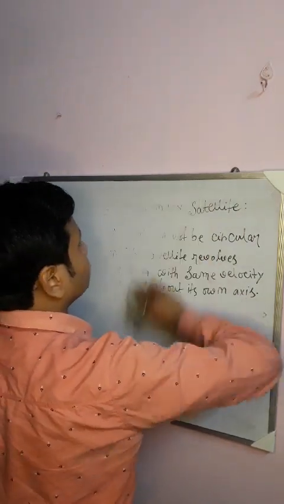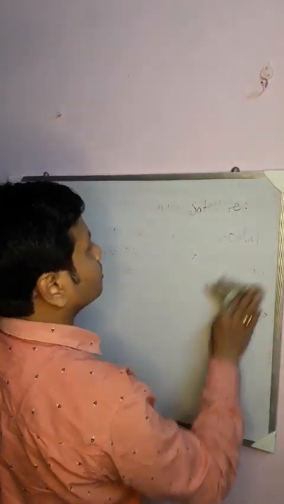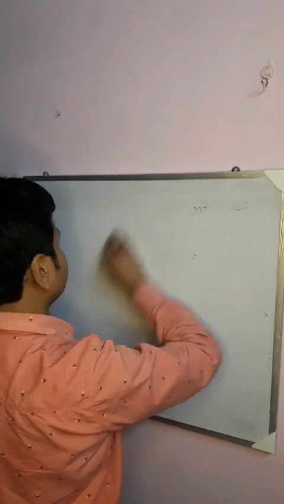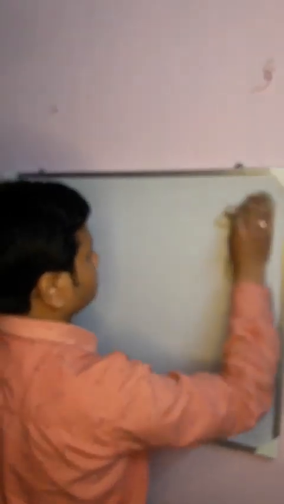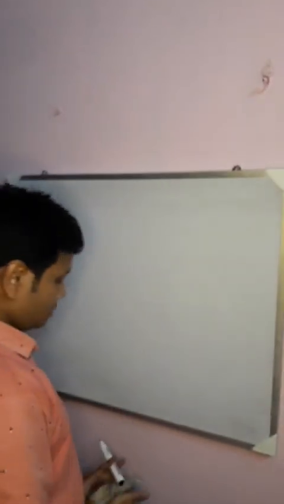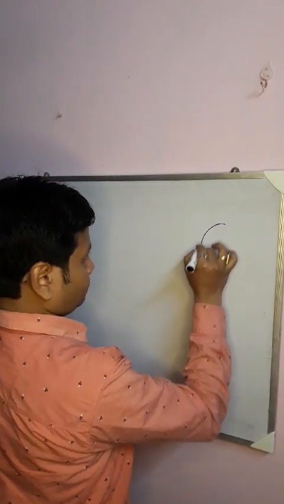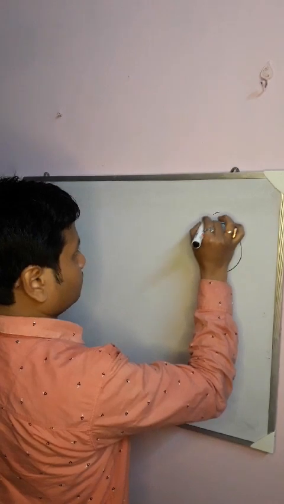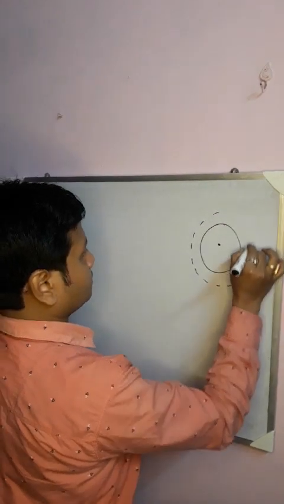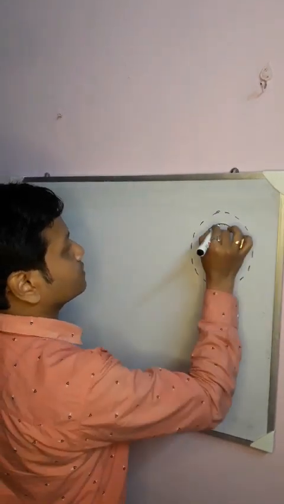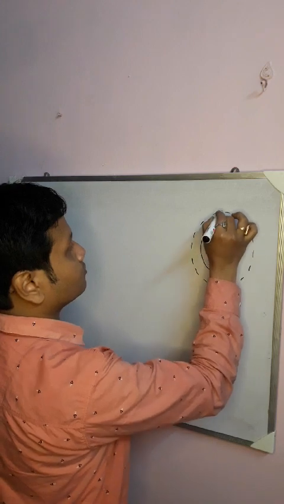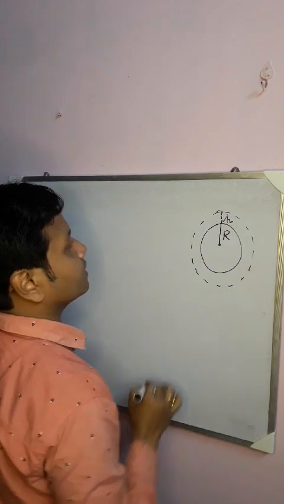Now let us try to find out the height at which a geostationary satellite must be placed so that it can work properly. Say this is the earth and this is a geostationary satellite. This is the radius of the earth and this is the height of the geostationary satellite.